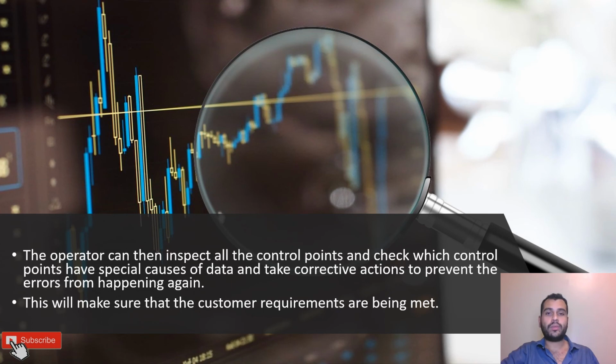Now, once the data has been collected, the operator can inspect all the control points and use kappa to prevent these causes from happening again in the future. This will ensure the requirements are being met, and hence the process will continue to be effective and also efficient.